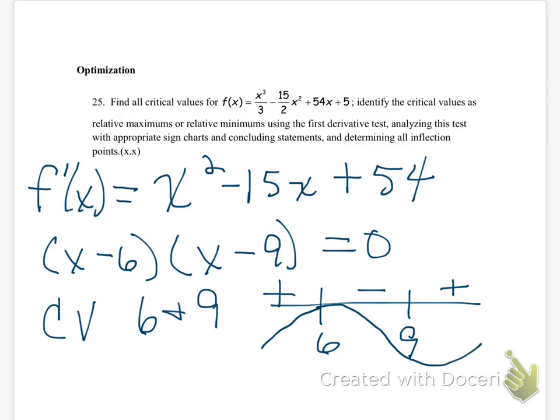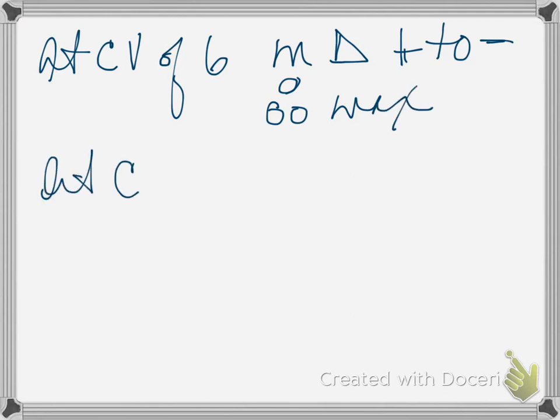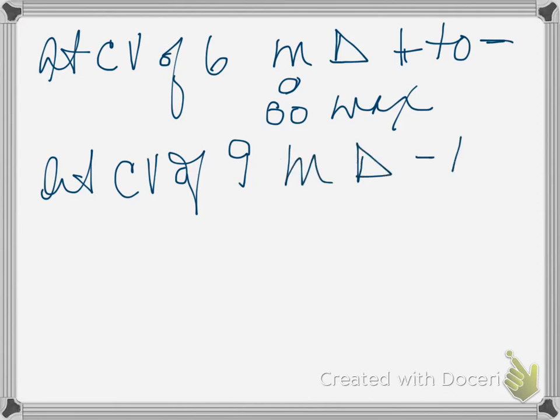Let's go on the next page, and you can say at the CV of 6, our slope changes from positive to negative, and therefore you have a max. Meanwhile, at the CV of 9, that slope changes from negative to positive, and therefore you have a min.